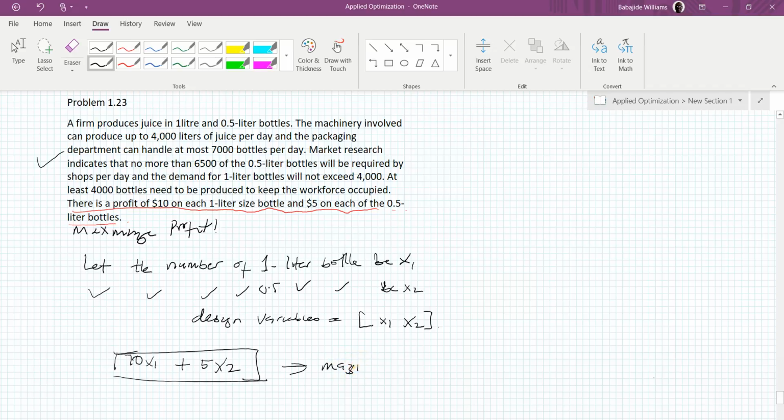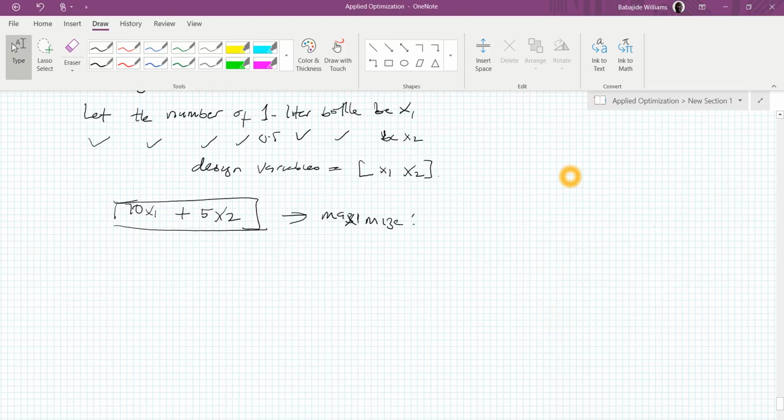Unlike the other question that we just concluded, there is no cost here, right? So I don't need to bother about that. So straight away, I can write f(x1, x2) = 10x1 + 5x2. This is my objective function. You should represent it with this F here.